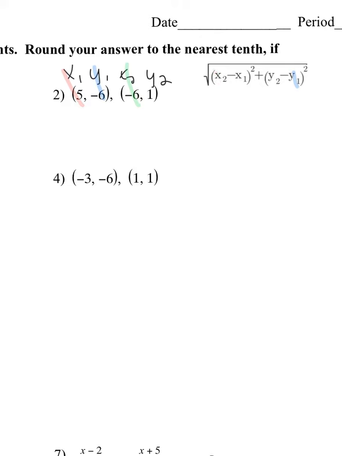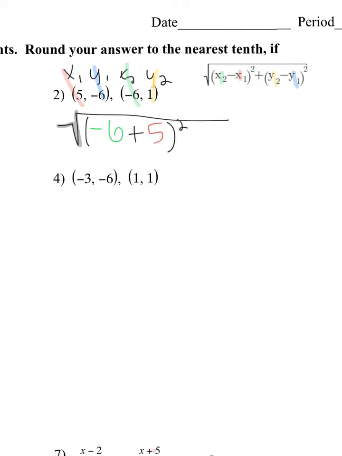I'm highlighting the corresponding parts just to give us a visual, and now I'm going to start plugging those values in. My x2 is negative 6. My x1 is positive 5.